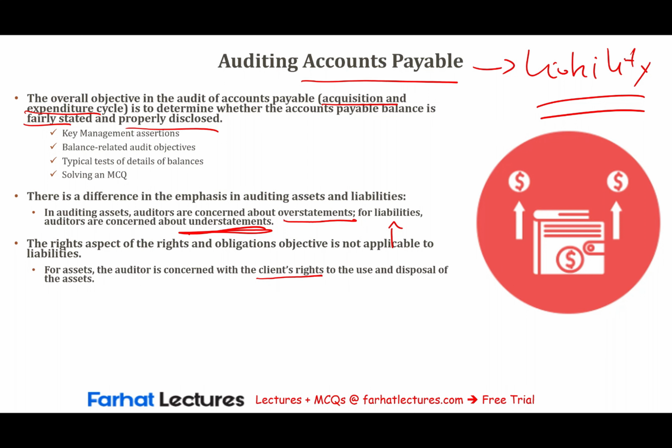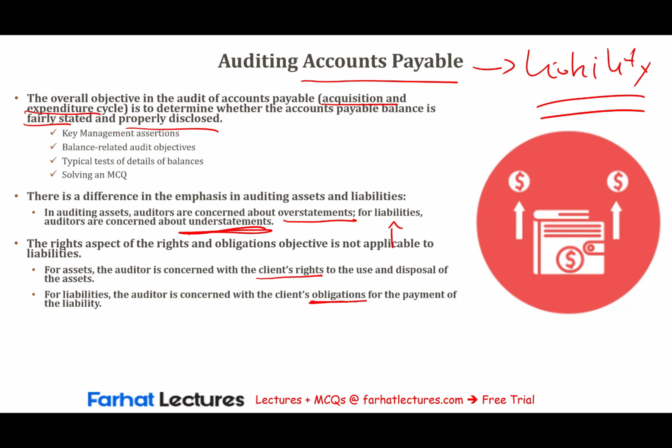But when it's a liability, if you record a liability, I am not going to make the assumption that this liability does not exist, because it's not in your best interest to do so. For liabilities, the auditor is concerned with the client's obligation for the payment of liabilities. Well, you are responsible for it. Are you reporting the liability? Are you showing the obligation?